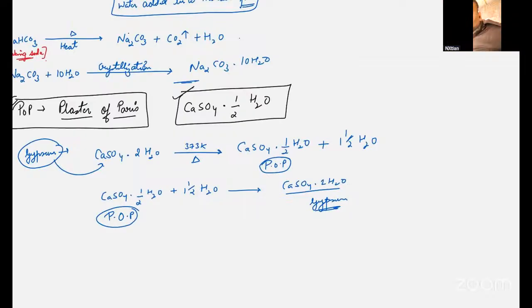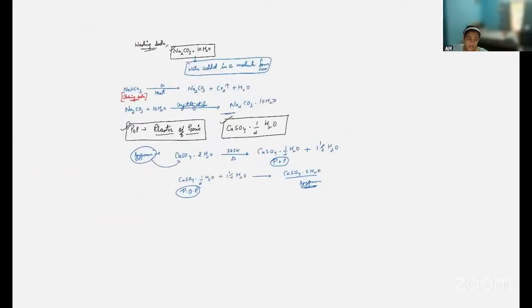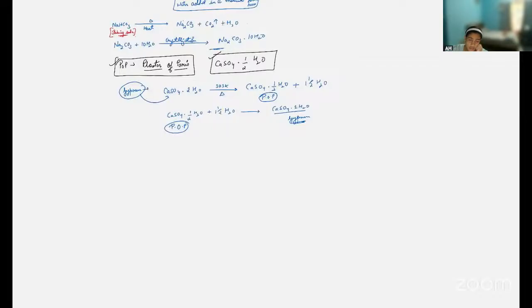So POP plus this water can give us gypsum. Yes, we can do it, but we need proper conditions for that. It should be 373 Kelvin only. If it is more than that, it won't turn into POP and it will become dead gypsum, or we can say burnt gypsum.